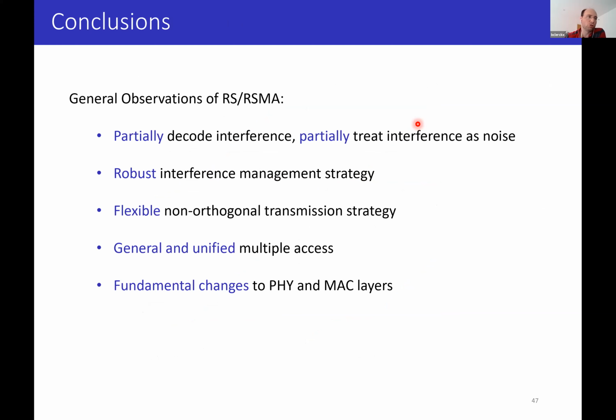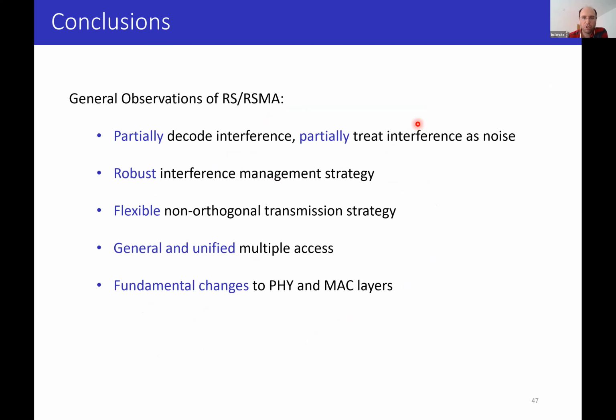Right. So just to conclude, the key here is that rate splitting multiple access relies on partially decoding interference and partially treating interference as noise. And this is extremely powerful because it enables you to really breach the traditional treat interference as noise that we have in 4G and 5G, and techniques like NOMA that fully decode interference.